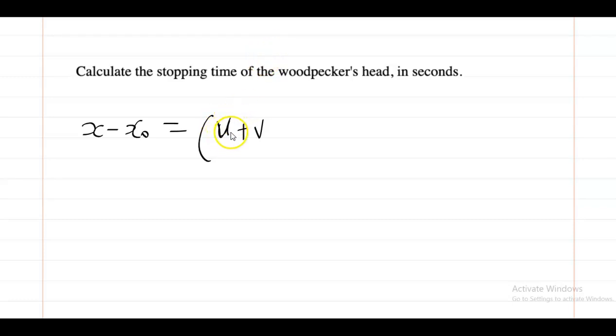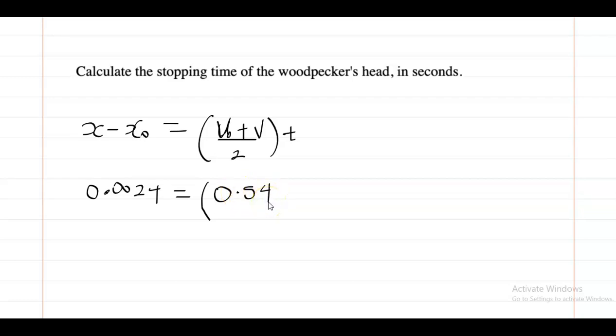Okay, let's specify that: v naught plus v divided by 2 times time. All right, we already have our x minus x naught to be 0.0024, all right, equals to our v naught is 0.54.